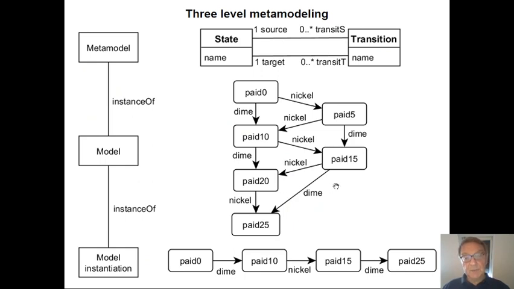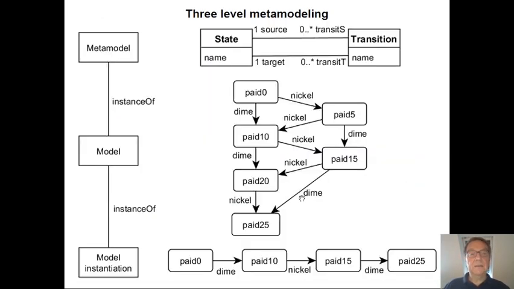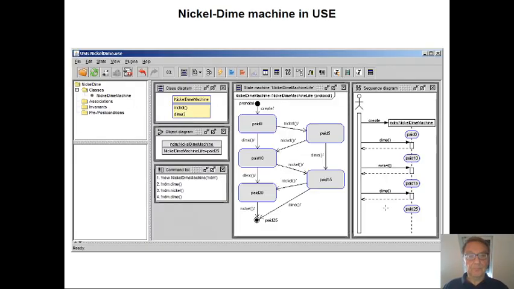And the second representation was a representation of the state machine in form of an object diagram, and the object diagram belonged to a metamodel that represents states and transitions, and with a metamodel one can represent state machines. Okay.